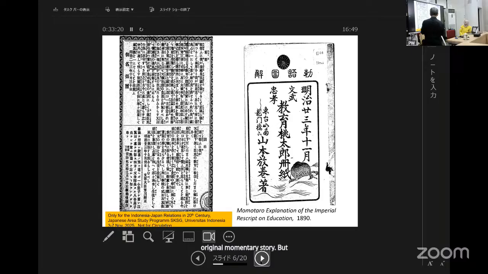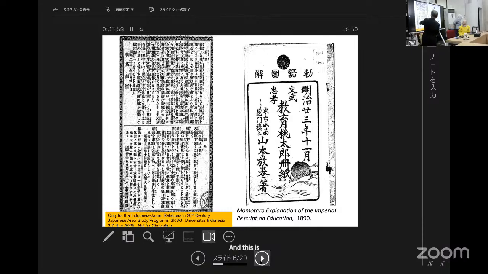But since the Meiji period, I think it's been good material to reflect how the Japanese government tried to use Momotaro as a good example of the expected Japanese youth or Japanese nation, to become like Momotaro.